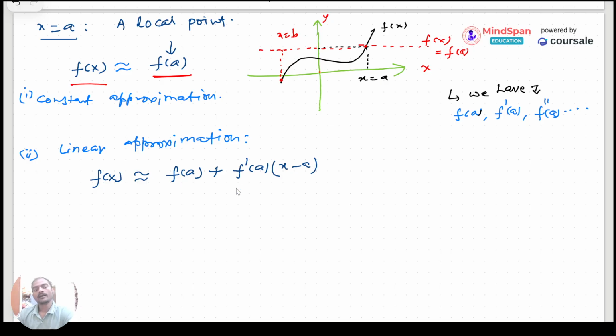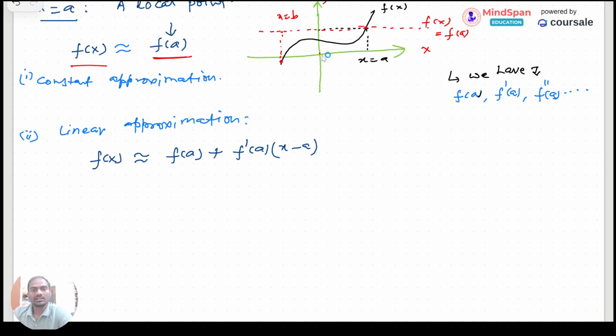ऐसे लिख सकते हैं. अब इसमें क्या होगा, इसका यदि हम ग्राफ बनाने की कोशिश करें तो what we are going to get, see. I always face problem in drawing graphs. Now bear with me. So this was our function, right?